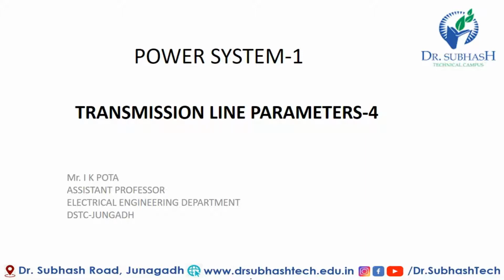In this lecture, we will study the concept of self GMD and mutual GMD, the inductance formula in terms of GMD, electrical potential, capacitance of a single phase overhead line, and capacitance of a three phase overhead line.